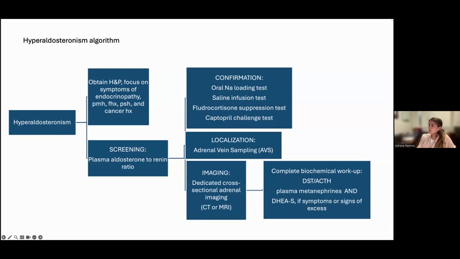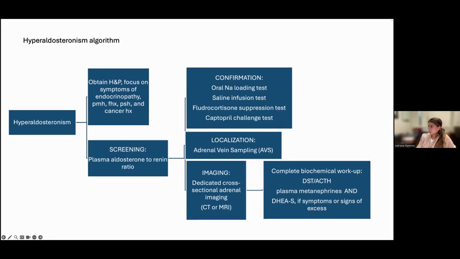Subsequently, there are several confirmation tests to choose from: the oral sodium salt loading test, the saline infusion test, the fludrocortisone suppression, and the captopril challenge test. Patients subsequently do get dedicated cross-sectional imaging of their adrenal. CT or MRI is kind of the preferred go-to. And then I refer these patients for adrenal vein sampling.